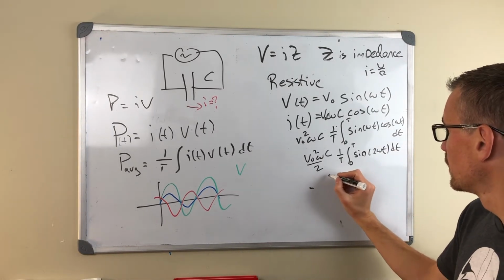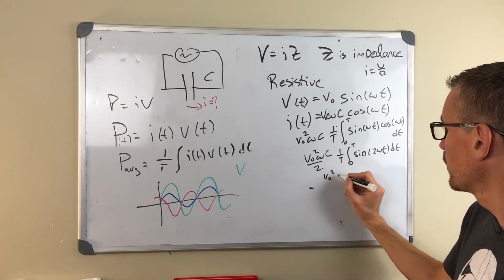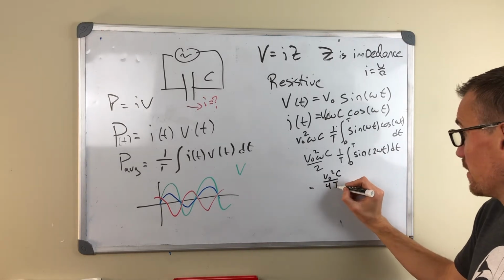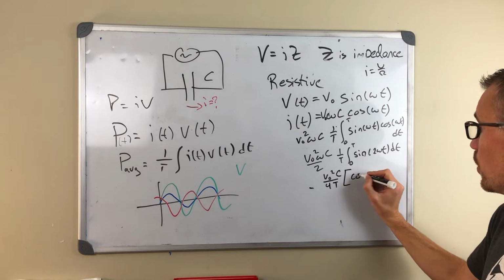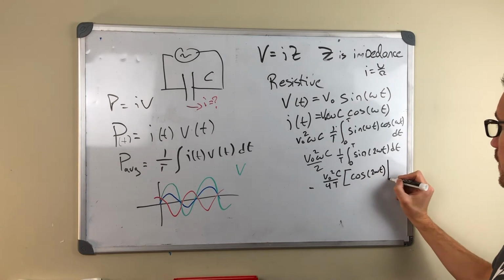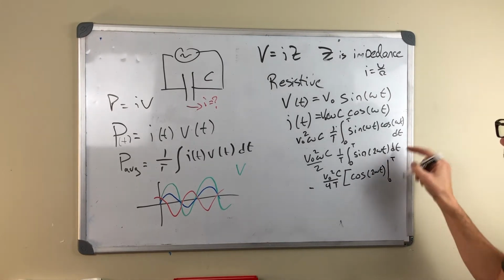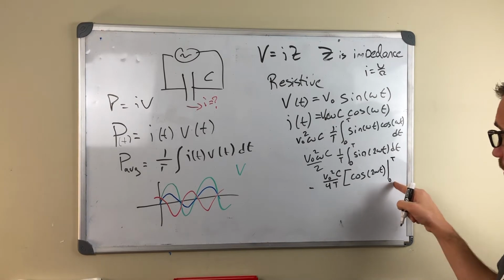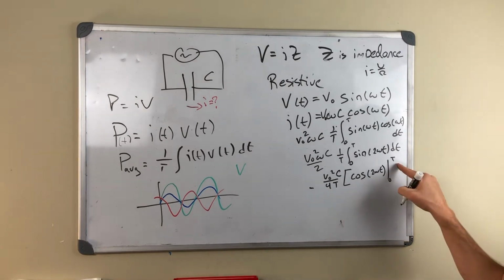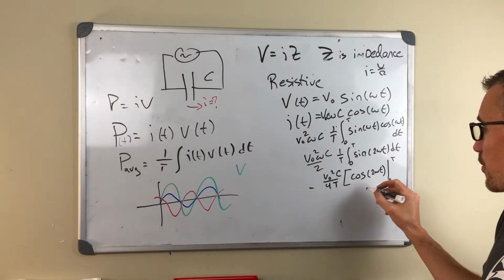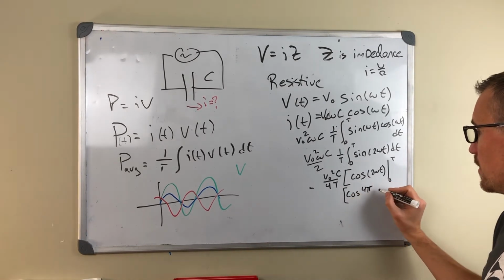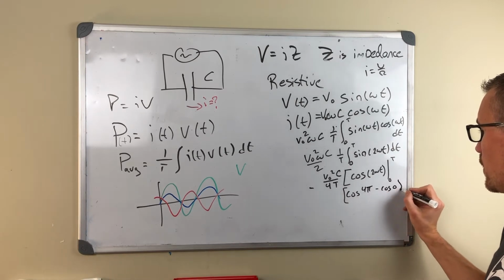We're going to get minus V naught squared C over 4 times cosine of 2 omega t evaluated at T and 0. So at 0, cos of 0 is 1, but at T it's also 1, because omega is 2 pi over T, so this is going to be cosine of 4 pi minus cosine of 0, and that's equal to 0.